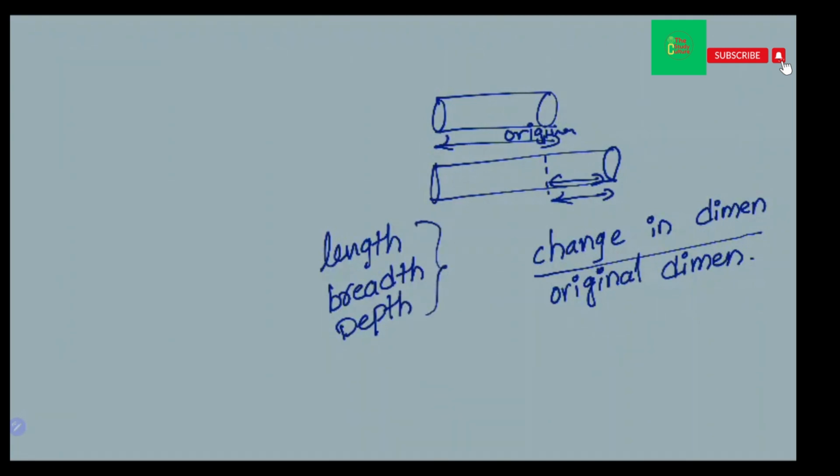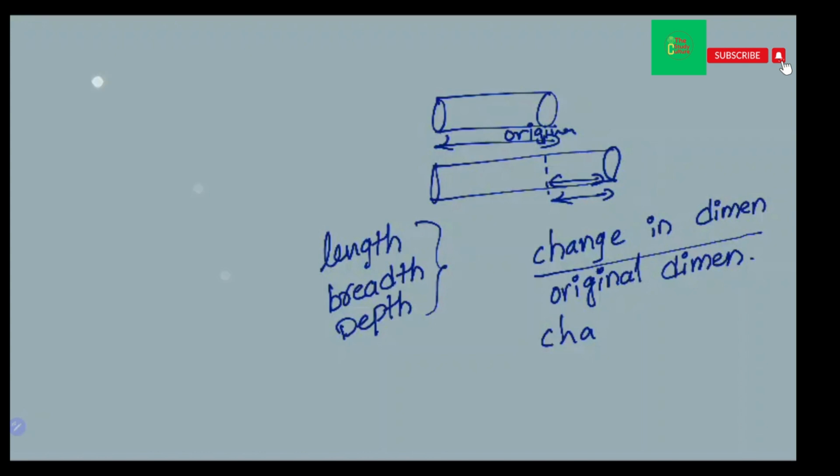Those three are dimensions. So change in length divided by original length, change in breadth divided by original breadth, change in depth divided by original depth. These three are in the normal strain only.